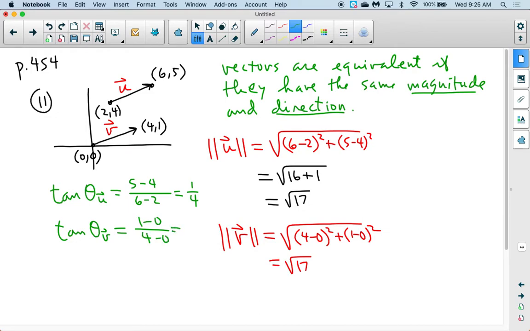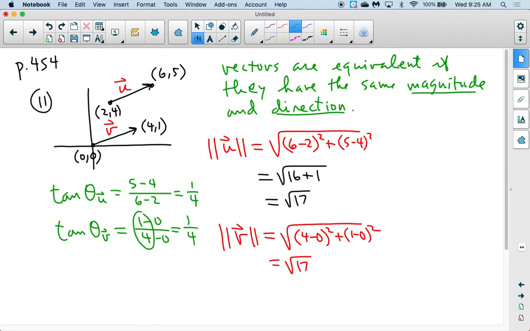Notice here too, v is in standard position, isn't it? So all I really needed were the component coordinates, the 4 and the 1 there. But anyway, so 1/4. All right, so the ratios are the same.